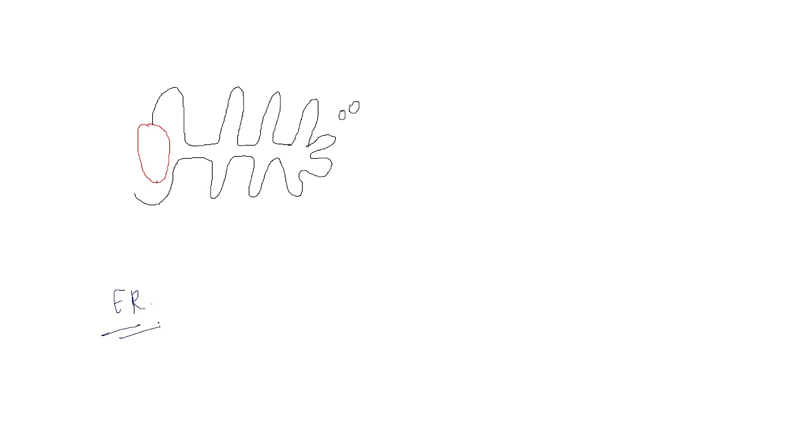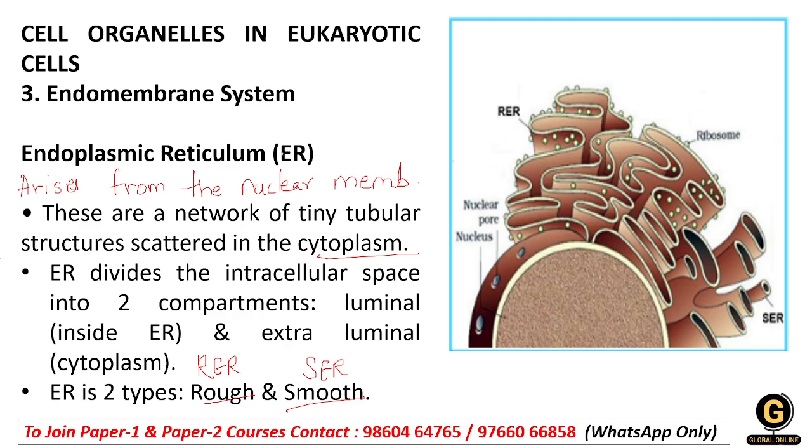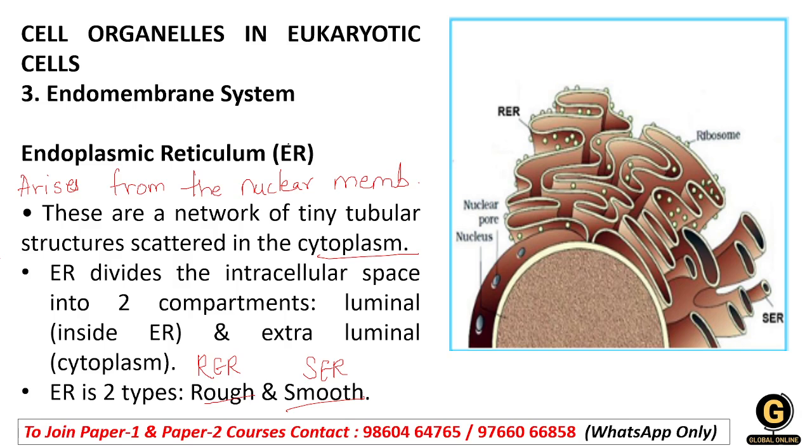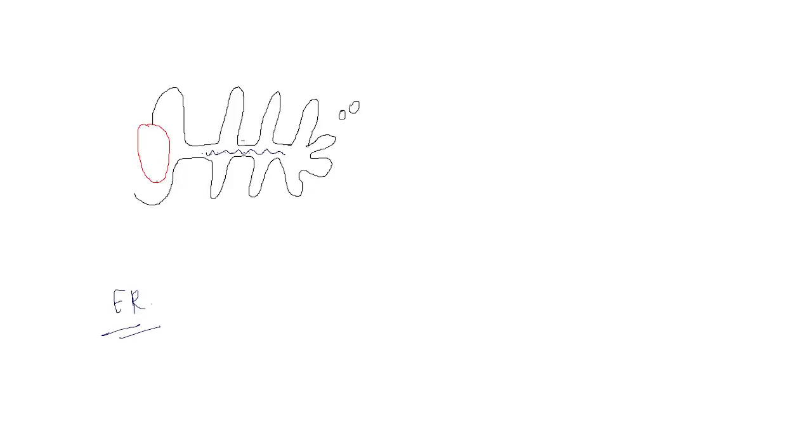Now, as we read in the previous slide, the ER divides the intracellular space into two compartments. The space inside the ER, the space present between the ER, is called the luminal space.